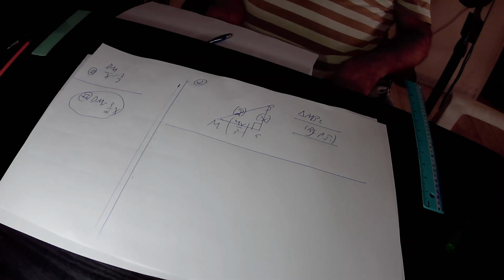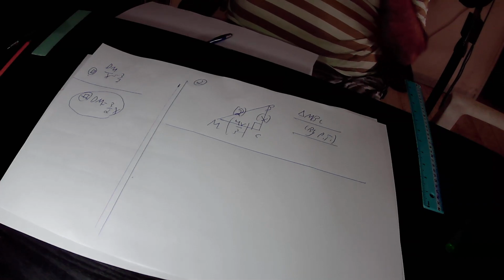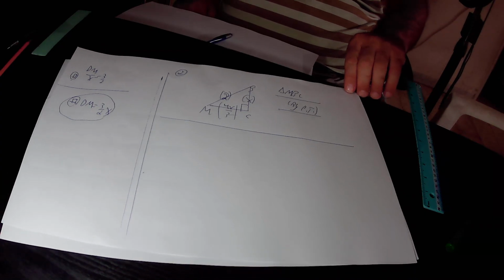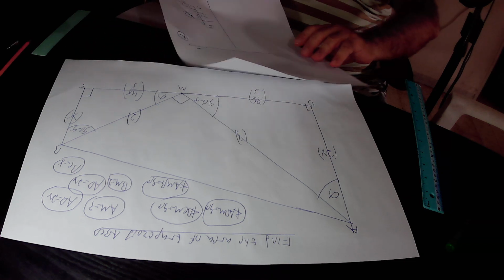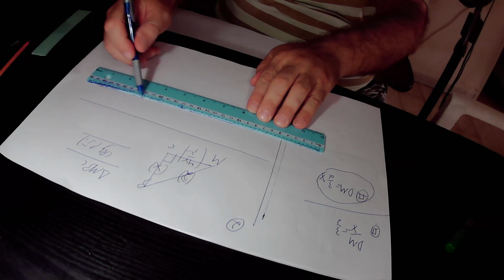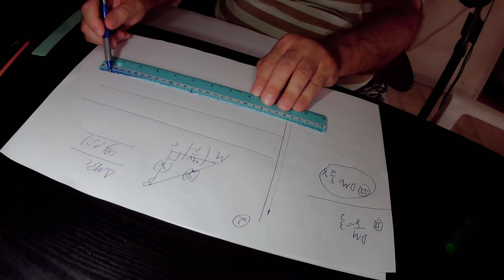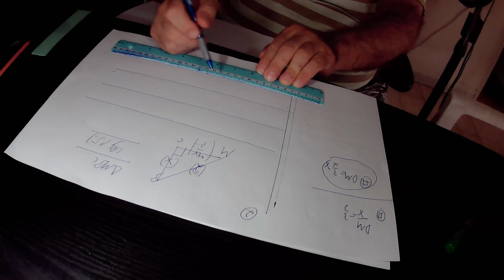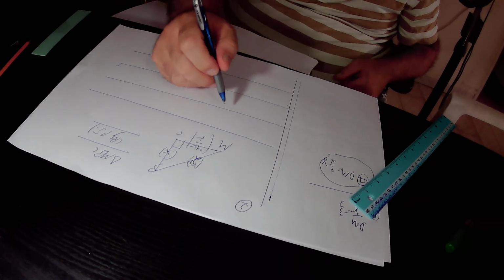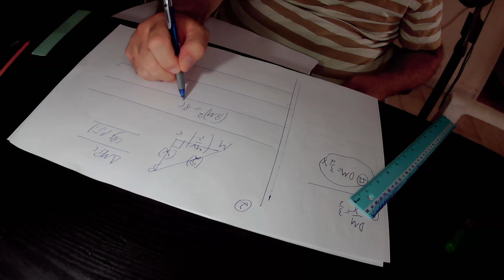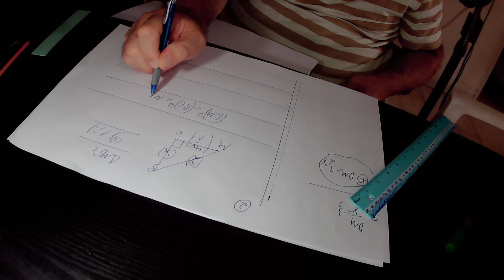According to the Pythagorean theorem, in this small right triangle BMC, BM squared, that is the square of the hypotenuse, equals BC squared plus MC squared.